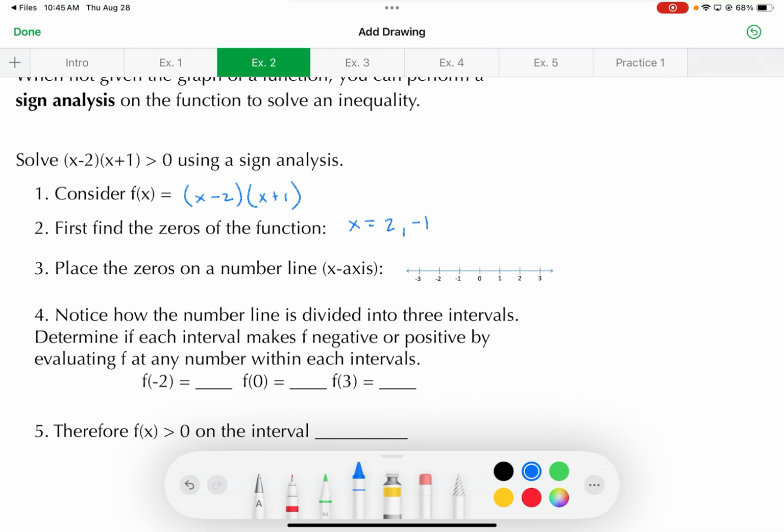What I'm going to do is draw a horizontal number line here. This represents our x-axis, and I'm going to put an open point at -1 and an open point at 2, since these are not actually part of the solution set. And this divides the number line into 3 intervals.